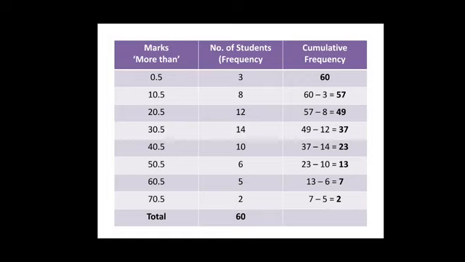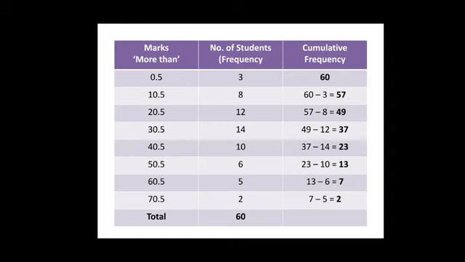Now, subtract the frequency of first class, which is 3, from the total frequency, which is 60, or which is also the cumulative frequency of first class. We will get the cumulative frequency of second class, that is 60 minus 3 is equal to 57. So 57 is the cumulative frequency of second class. In order to get the cumulative frequency of third class, we will subtract the frequency of second class, which is 8, from the cumulative frequency of second class, which is 57.